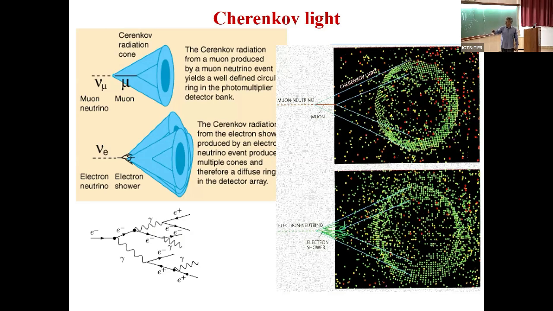For the muon detection, the outer edge is clearly visible. Maximum it can go this way. But for the electromagnetic showers, it is diffuse. The electrons that are produced have different angles, so the Cherenkov photons can go out at different angles. This basic principle is used for the Kamiokande experiment to identify electron and muon, and correspondingly electron, mu and tau neutrinos.